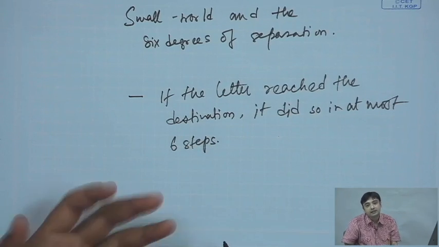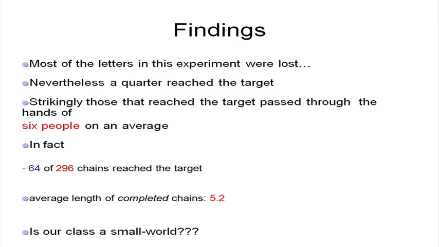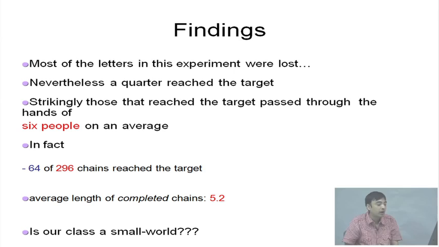But as you can understand, this is a stochastic experiment and things happen by chance most of the times. So, what happened was that 64 out of 296 chains actually reached the target. They initiated 296 chains to start this experiment with, but only 64 of them survived, many of them dropped midway. But those that survived all reached the destination in an average of 5.2 steps.